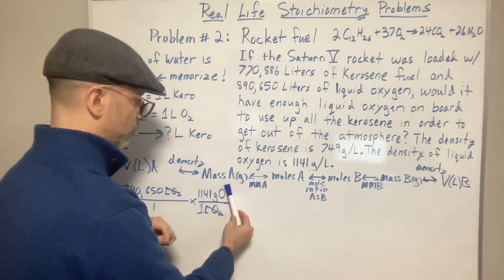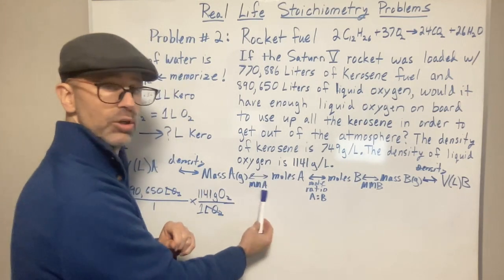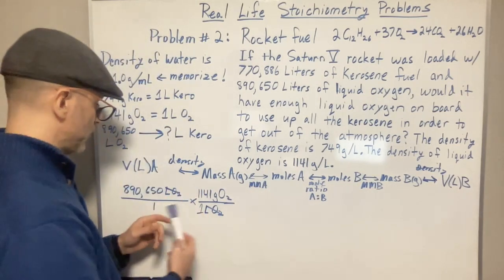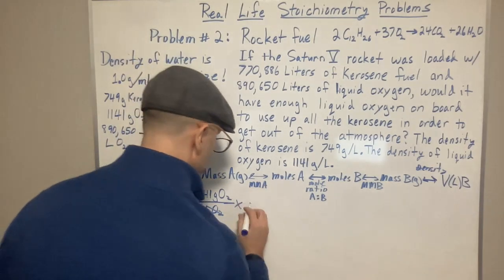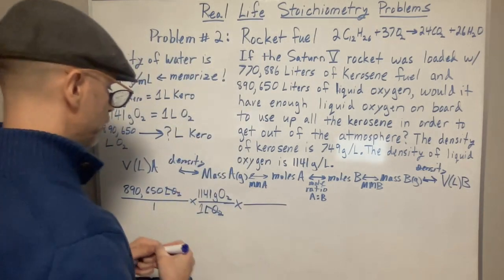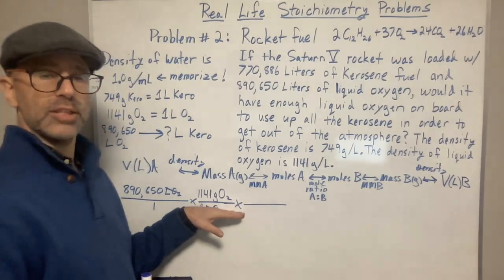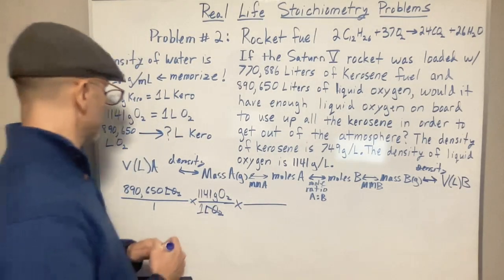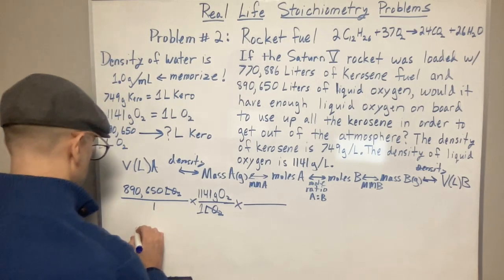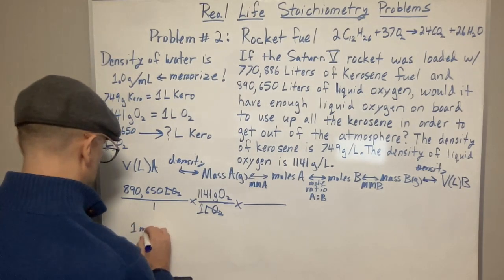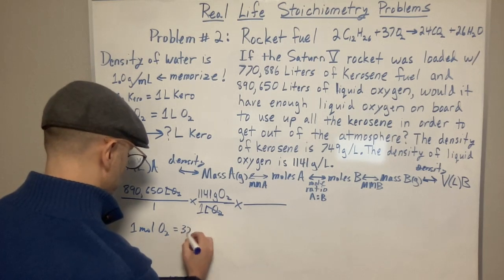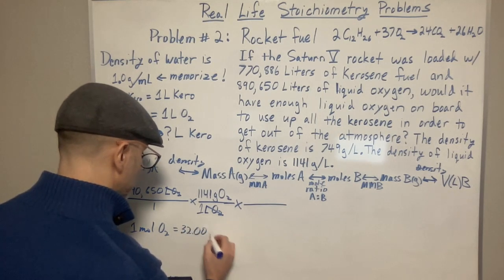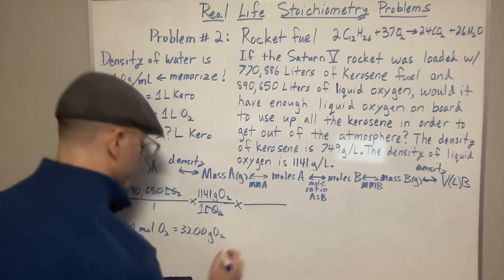So mass in grams to moles using the molar mass of A, which is oxygen. We're going to use molar mass as a conversion factor. The molar mass of oxygen is 32 grams, so that means that 1 mole of O2 is equal to 32.00 grams of O2.